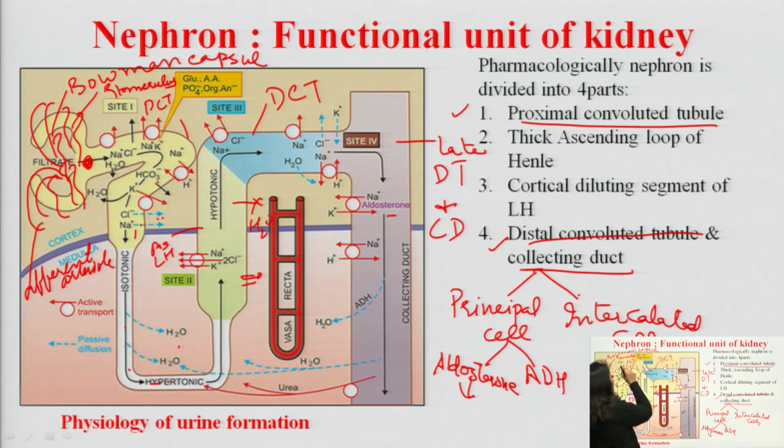First is the proximal convoluted tubule, where 65% of sodium reabsorption occurs. Second is the ascending loop of Henle, where 25% of sodium reabsorption occurs. Third is the DCT, distal convoluted tubule, where 8 to 10% of sodium reabsorption occurs. And last is the late DT and collecting duct, where only 0 to 5% of sodium reabsorption occurs. So our drugs are the diuretics.